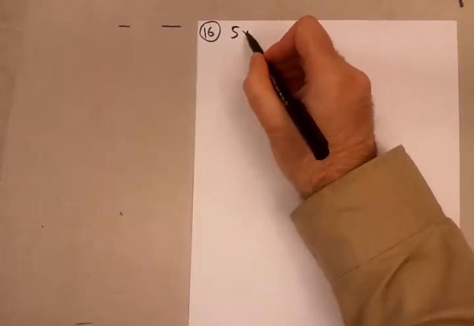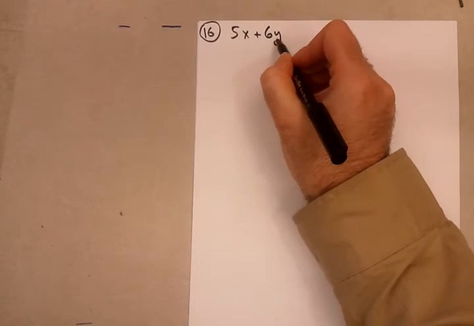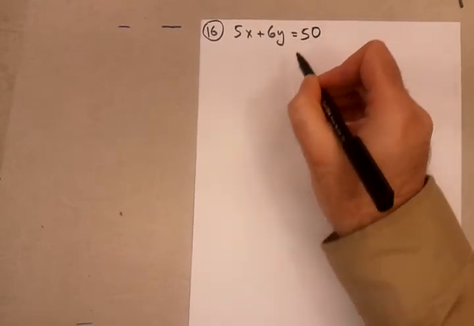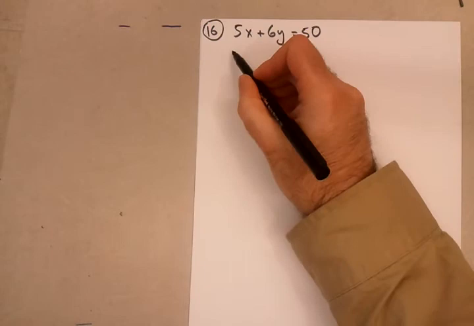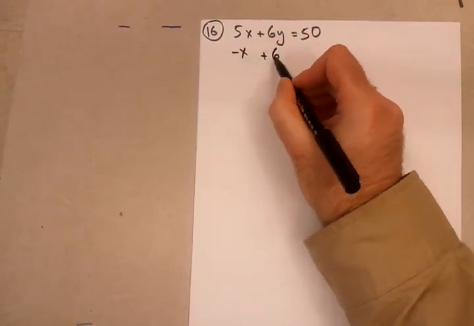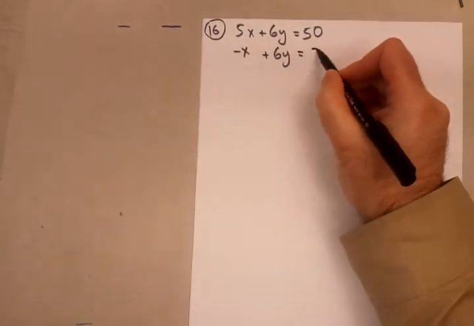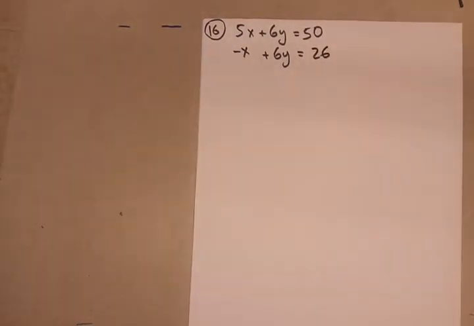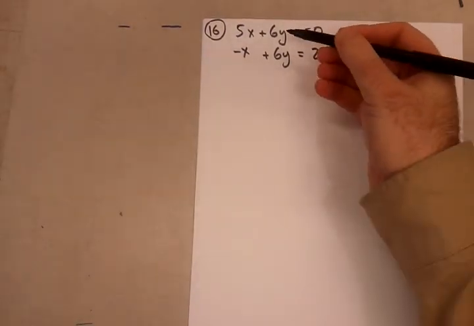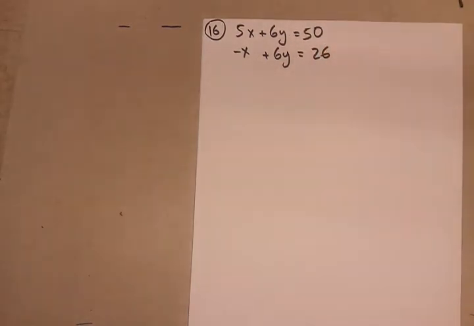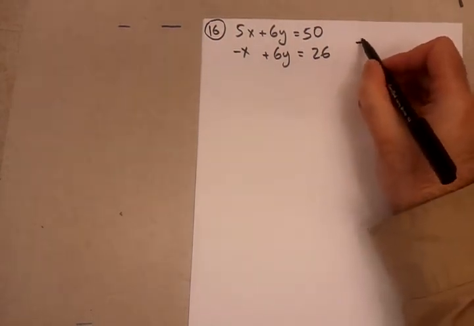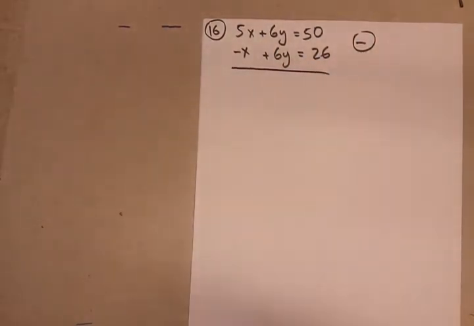Trying to go for the more difficult ones. 16 is 5x plus 6y equals 50, and then we have negative x plus 6y equals 26, and in this case we want to use subtraction because 6y minus 6y is going to give us a 0, and it's going to get rid of the y variable. If we use addition here, nothing would really happen, so subtraction is what we will use.